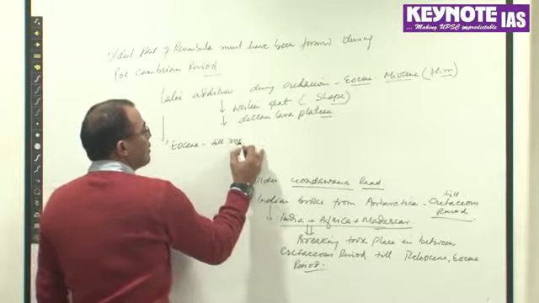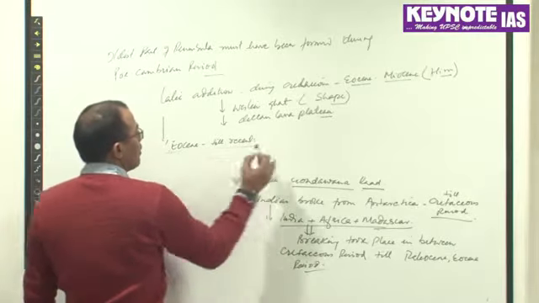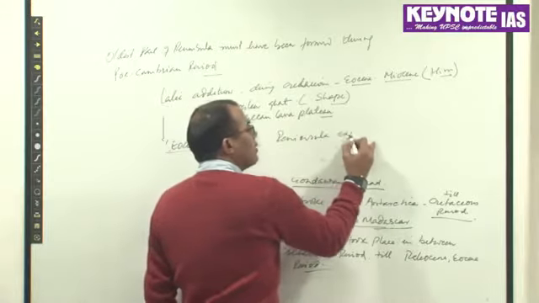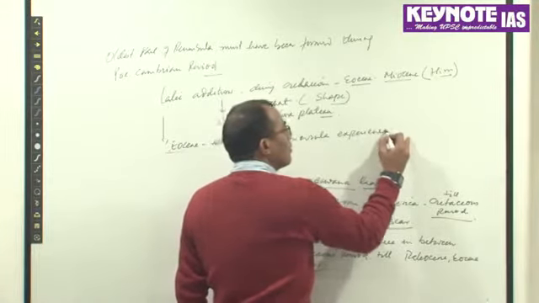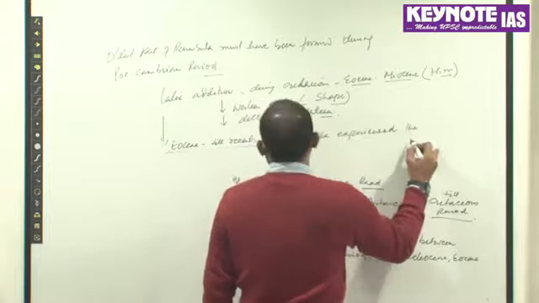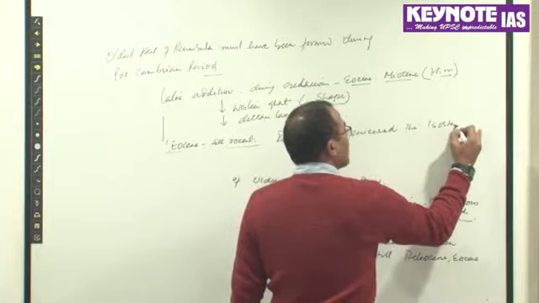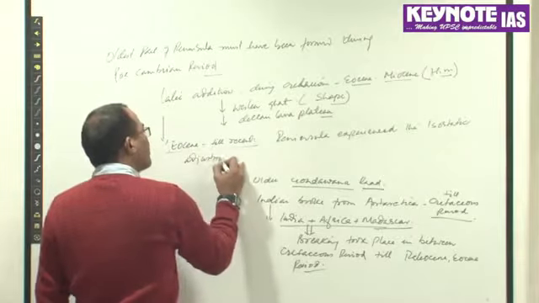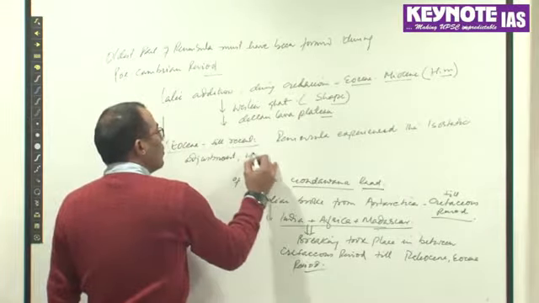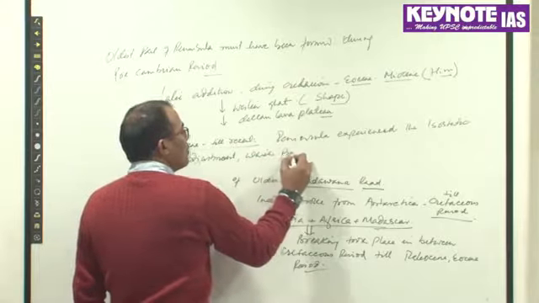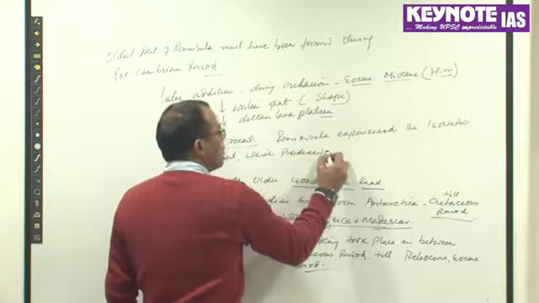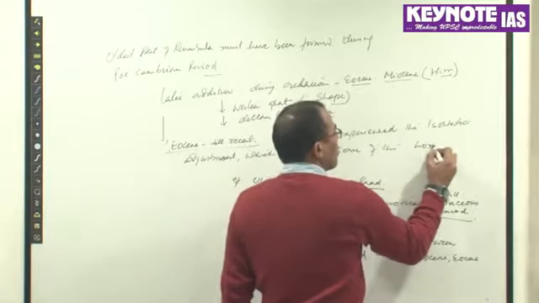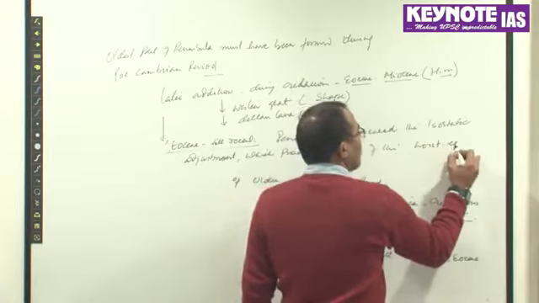Then after Eocene, till recent, peninsula experienced the isostatic adjustment which produced some of the horsts, for example Nilgiri.